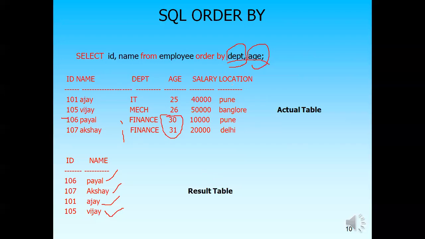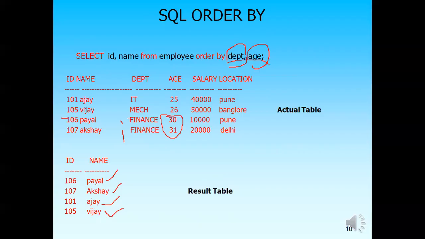For example, first I want to order department wise, and after department wise sorting I want to order the result age wise. Here is the example: select ID, name from employee order by department, and then age. You can mention multiple columns by giving a comma. By default it will apply ascending order.